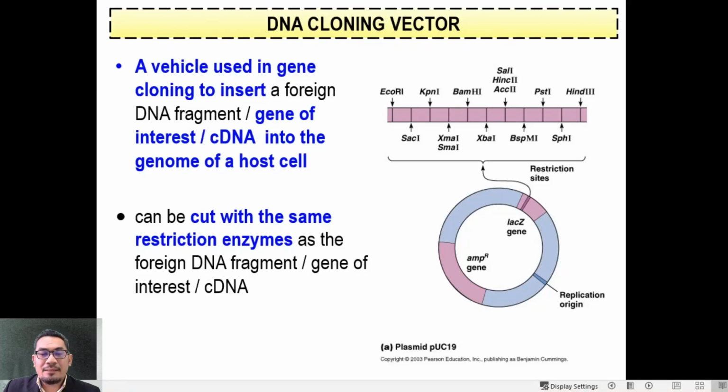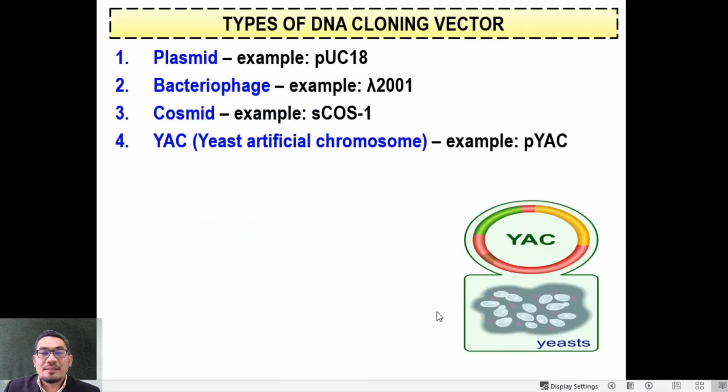It can be cut with the same restriction enzyme as the foreign DNA fragment. There are 4 types of DNA cloning vector. First, plasmid. Second, bacteriophage. Third, cosmid. And fourth, yeast artificial chromosome.